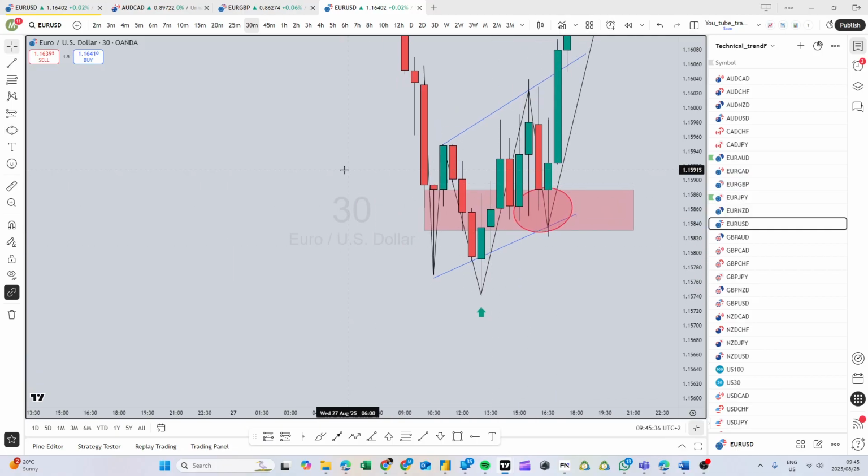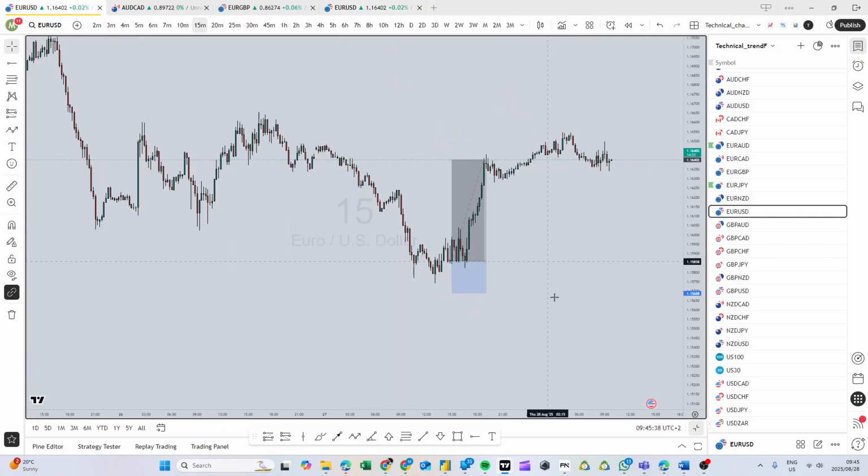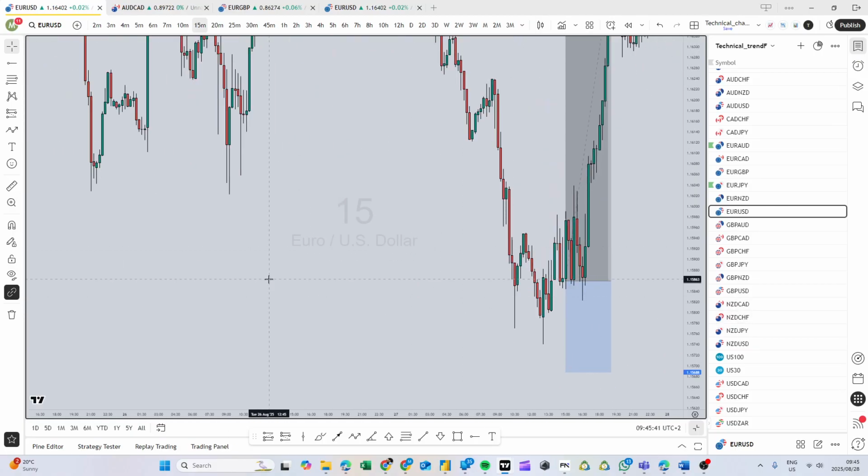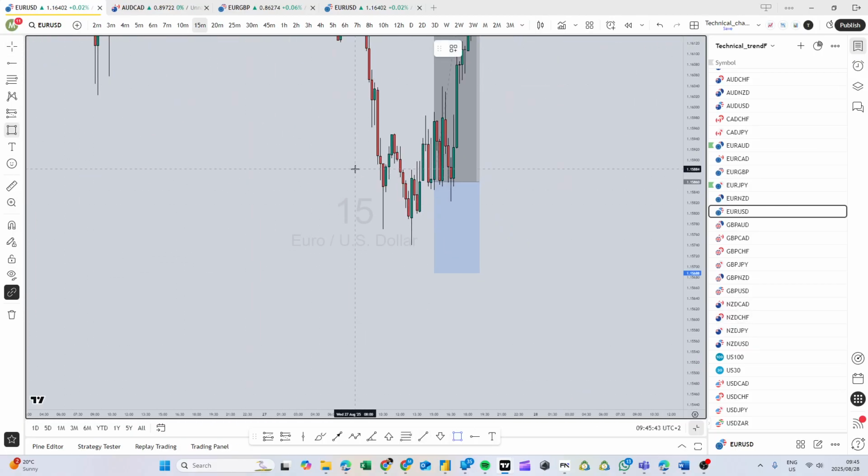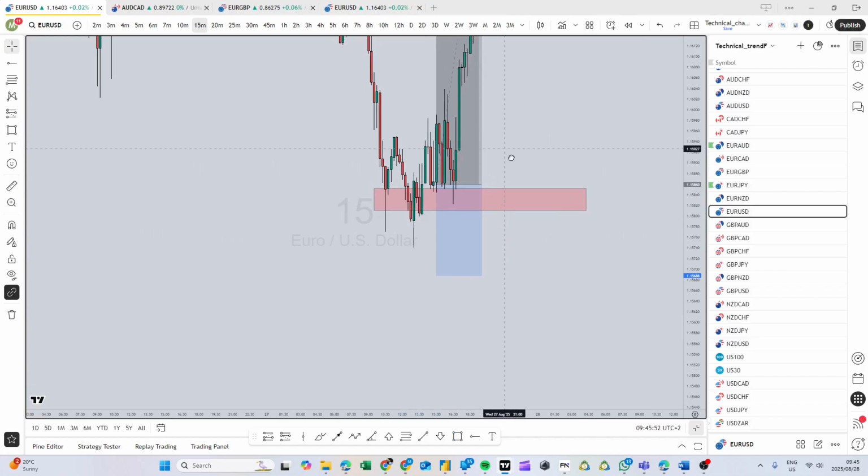This ended up being the trade that I took. You can see on the head and shoulders, the test of the right shoulder, that's when I got my entry.